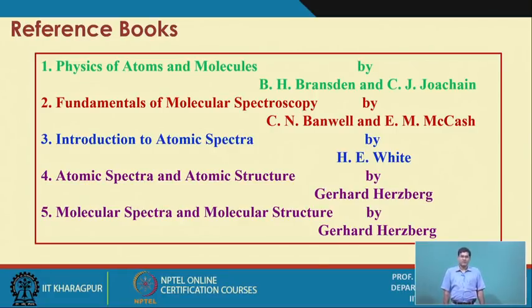Then Introduction to Atomic Spectra by White. The fourth and fifth ones are written by Gerhard Herzberg: one is Atomic Spectra and Atomic Structure, and another is Molecular Spectra and Molecular Structure.